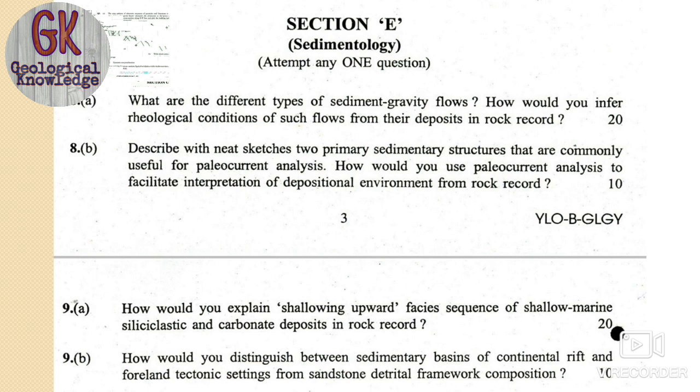Okay, and you can also discuss about the current ripple marks, and the symmetric as well as the asymmetrical ripple marks, and you can also discuss about the two primary sedimentary structures. Okay, so you can give cross bedding. Okay, sorry, cross bedding.